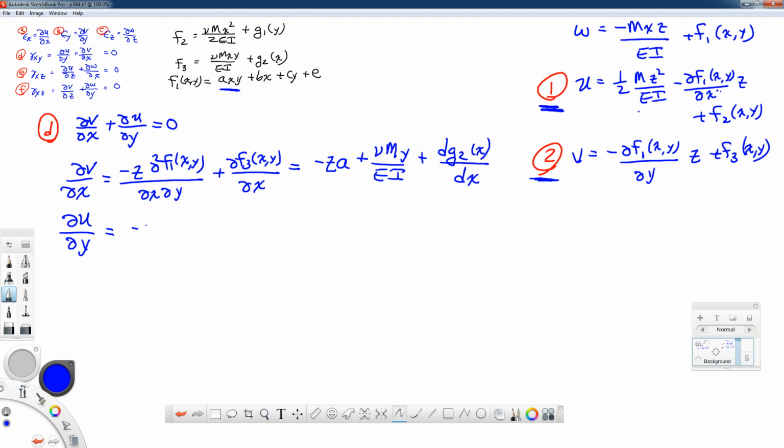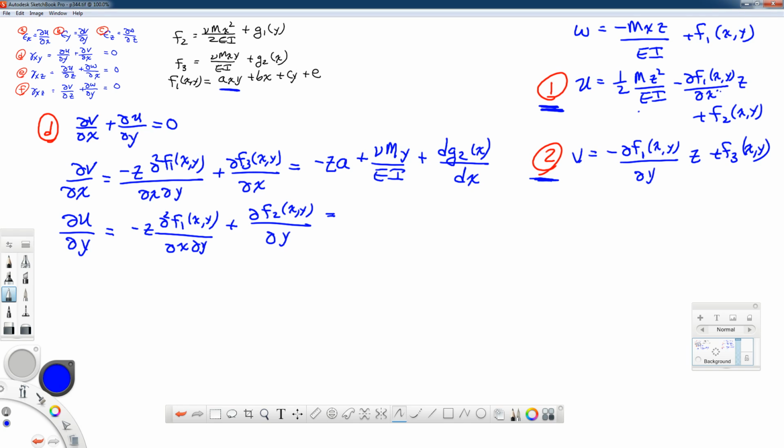So this is going to be a minus z, second partial derivative of f1 with respect to x and y, plus the partial derivative of f2, which is a function of x and y, with respect to y. I'm just taking this u and taking the partial derivative of that with respect to y.